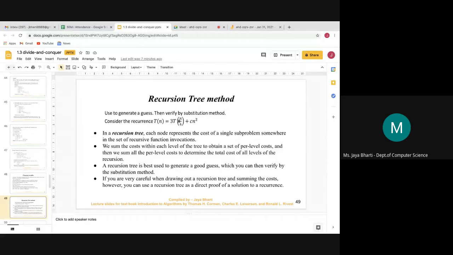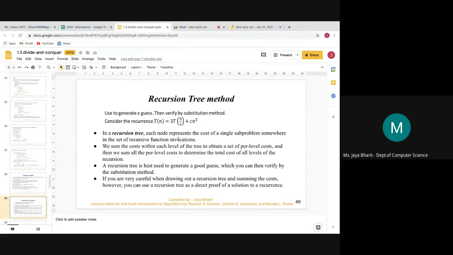By looking at this problem, we can say the original problem is divided into 3 sub problems, each of size n/4.